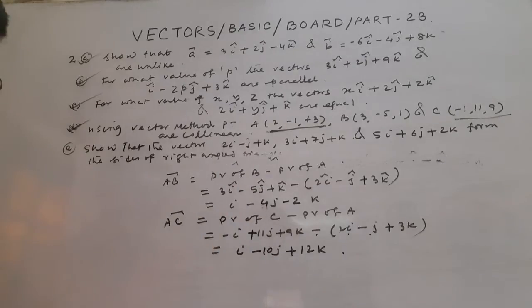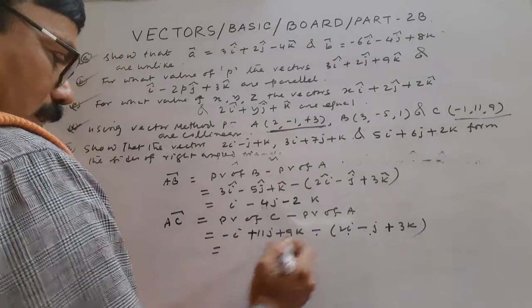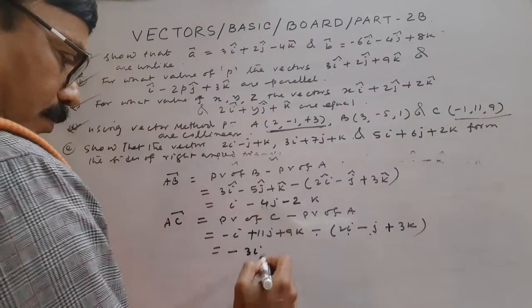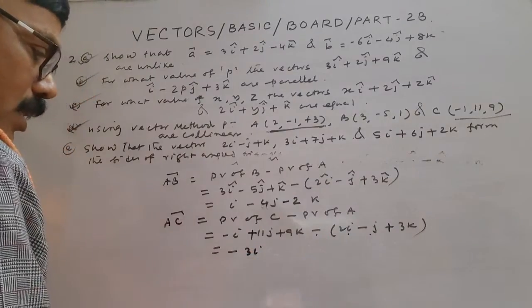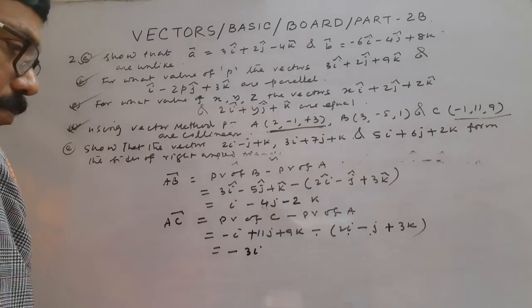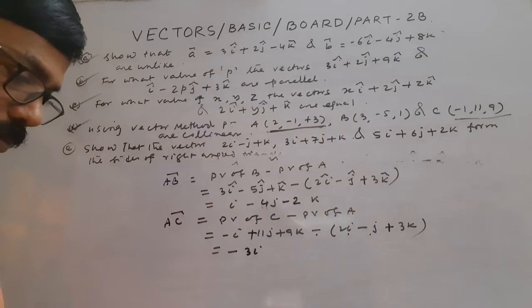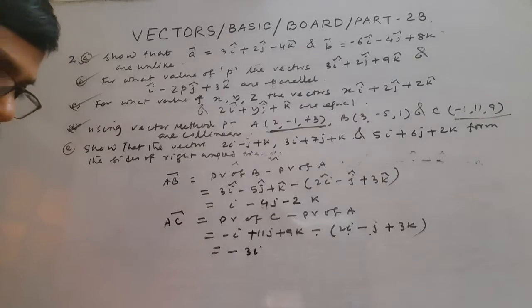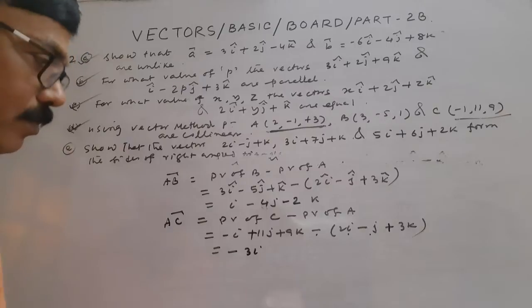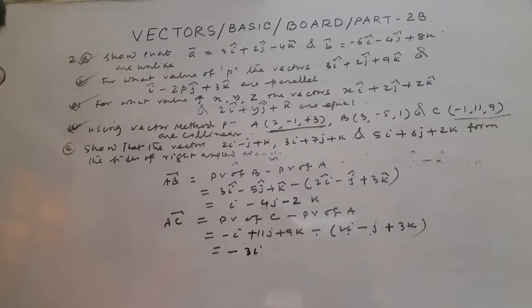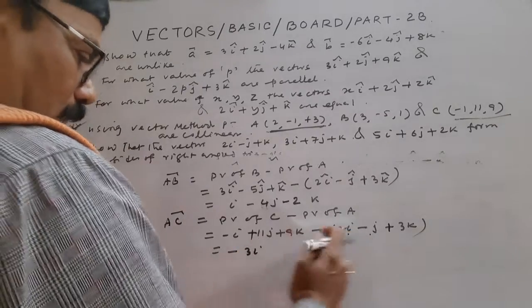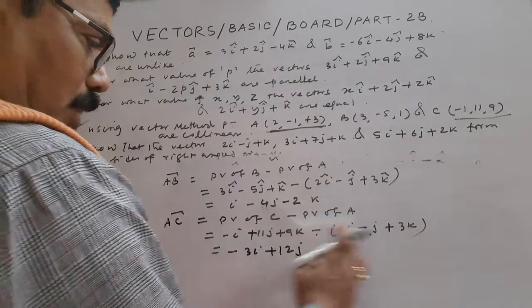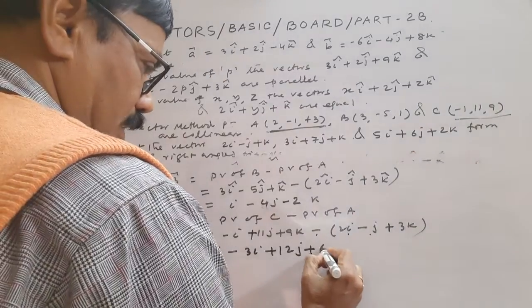So we have corrected it. So finally we are getting minus 3i, minus 11j plus j gives minus 10j, and 9k minus 3k, this is 6k.